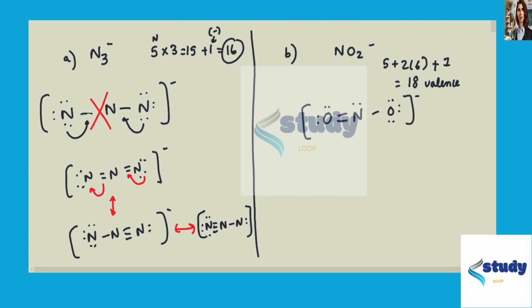And once again, you may just notice that the other important resonance form is actually just the flip of this. Now we would have the double bond here and the single bond here, so it would look like this.